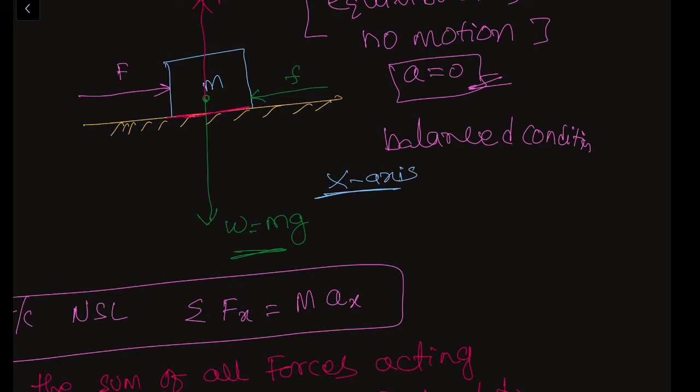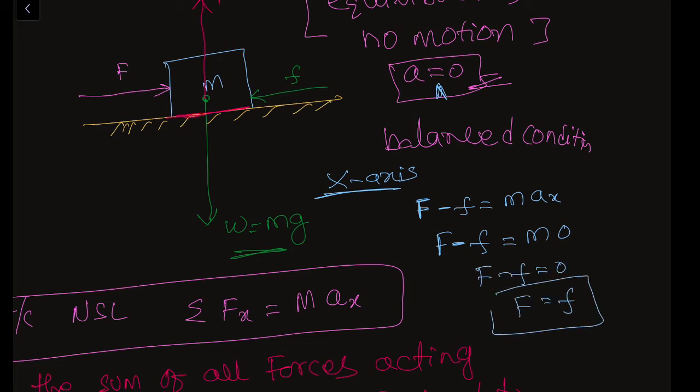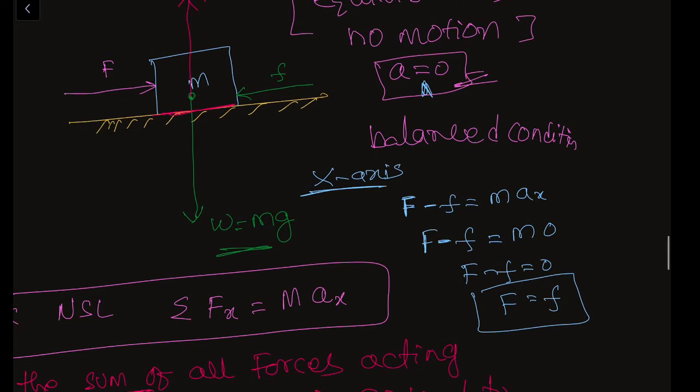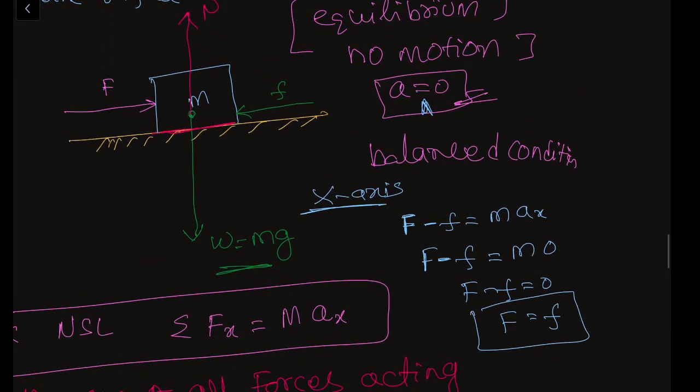That's why F minus small f is equal to mass into acceleration along the x-axis. Here we know that acceleration is 0, rest condition. F minus f is equal to m into 0. F minus small f is equal to 0. Capital F is equal to small f. Got it, children? So that's why I explained F is equal to friction.